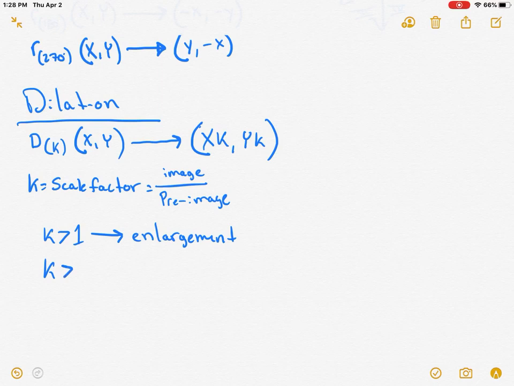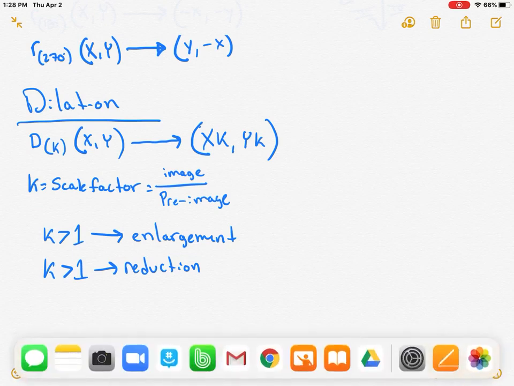If k is less than 1, it is going to be a reduction. Okay? So, those are our 4 transformations and the rules that go along with them.